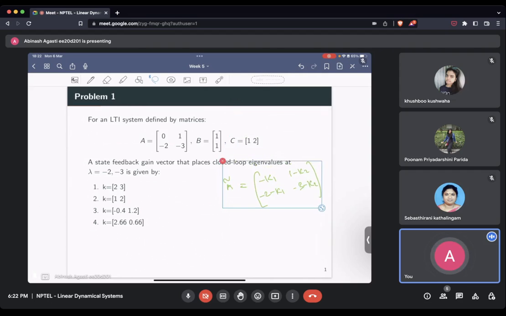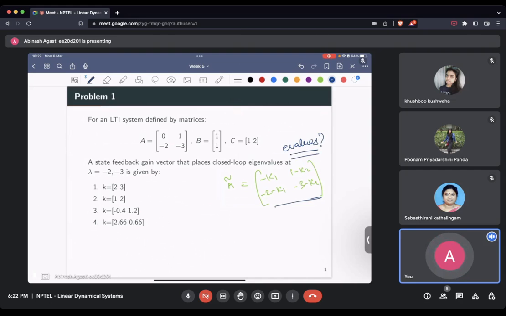Find them in terms of K1 and K2. Okay, let's take a few minutes to do that.